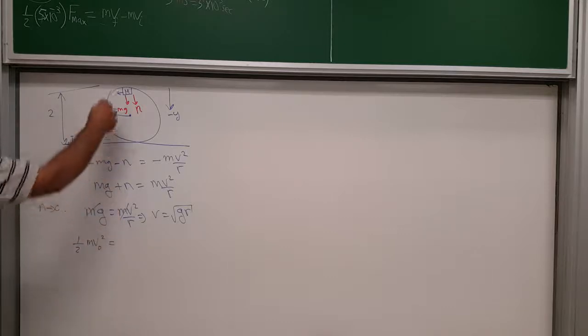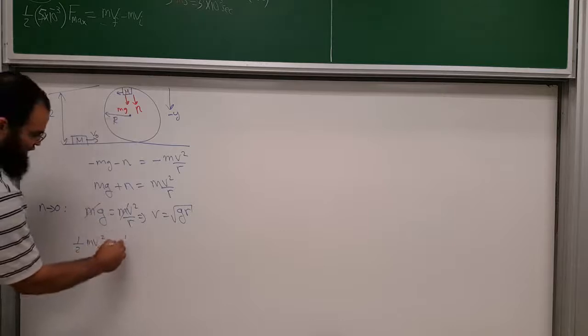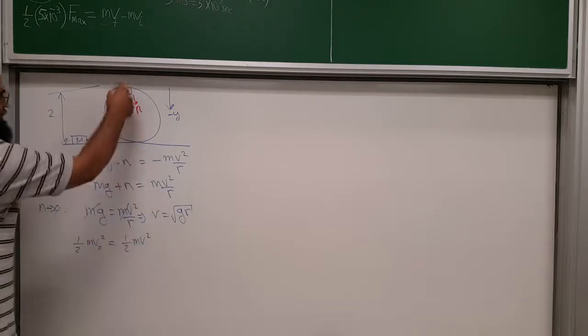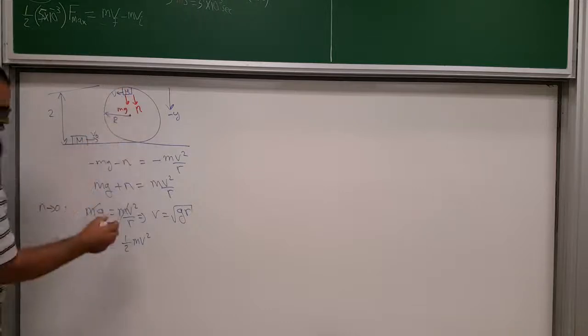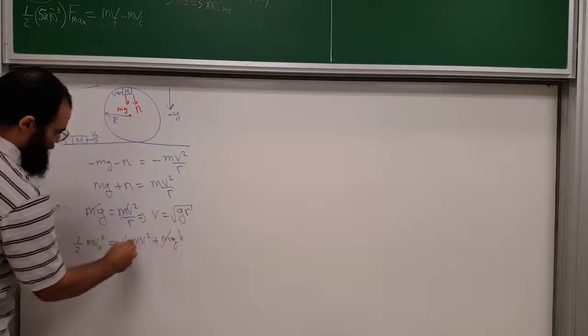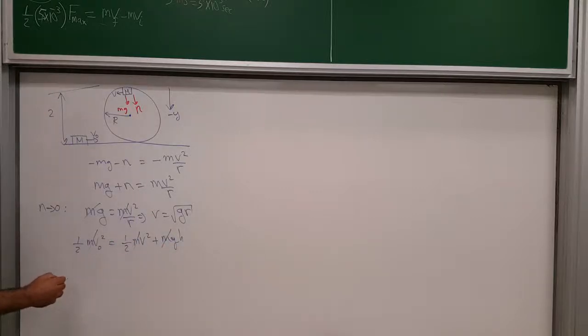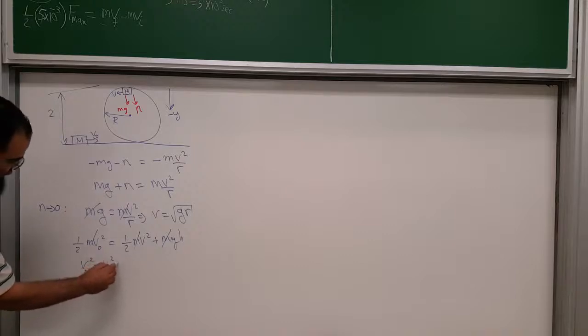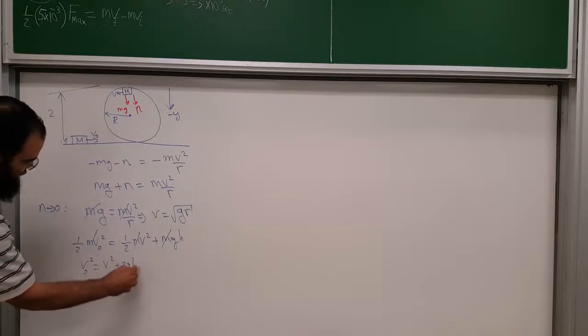It's equal to the total mechanical energy here, some of which is kinetic, which is 1/2 mv squared, where v is the speed here, plus mgh. The mass simply cancels, and I want to know what v initial is. So I can multiply both sides by 2, and I get v initial squared is equal to v squared plus 2gh.